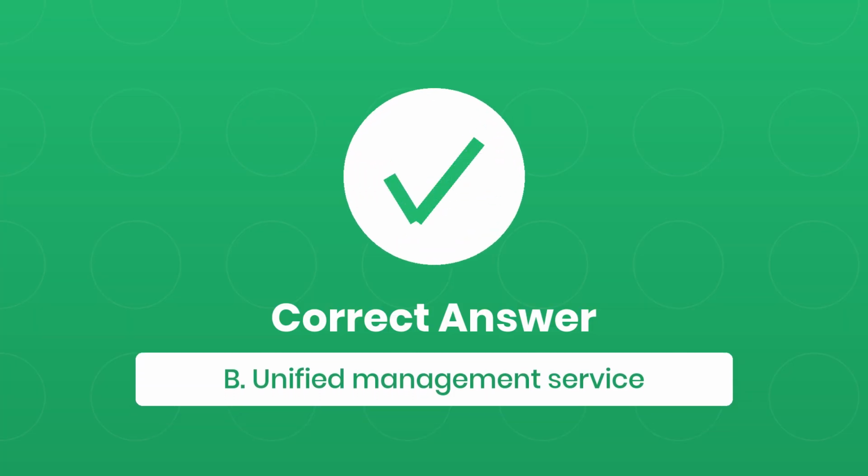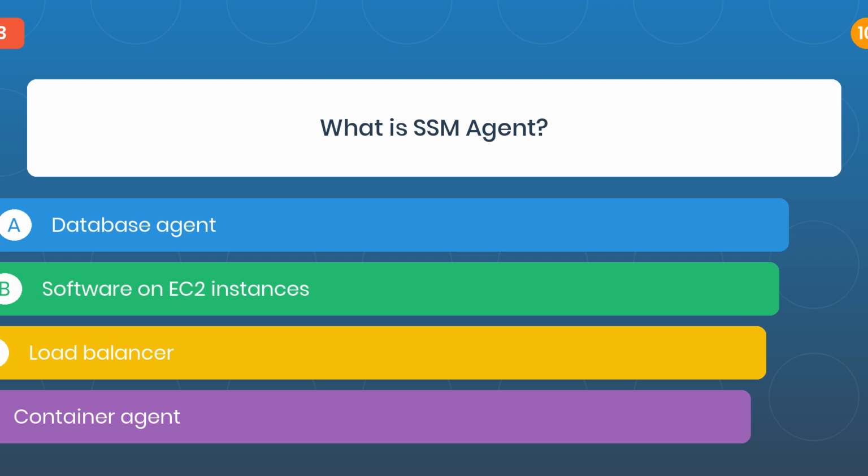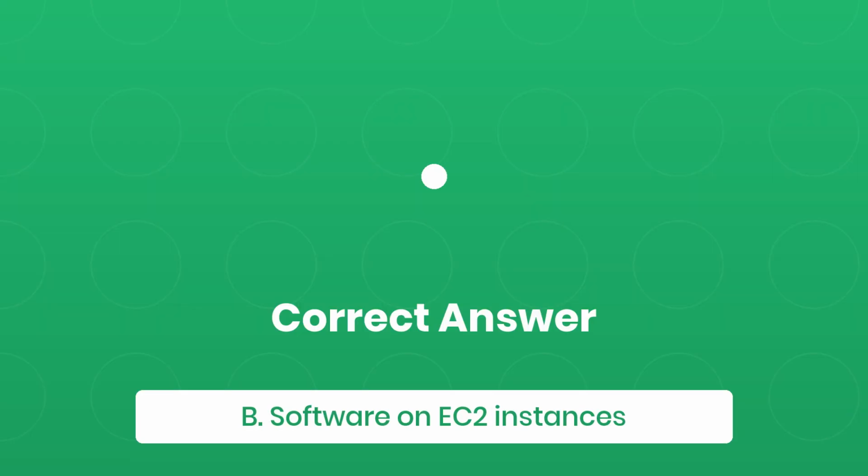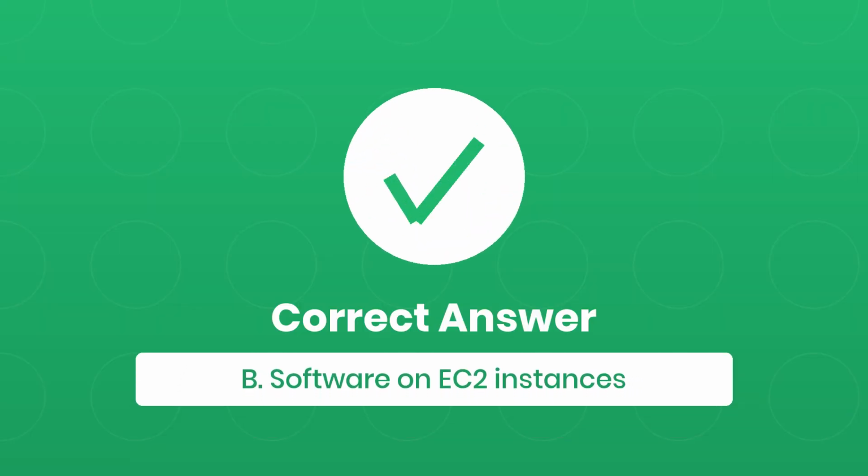The correct answer is B, Unified Management Service. Question 3. What is SSM agent? The correct answer is B, software on EC2 instances.